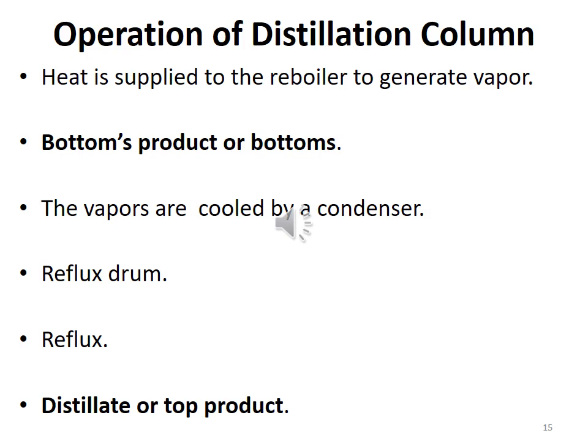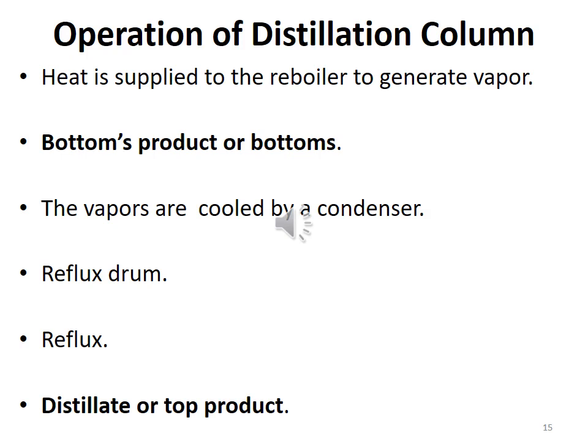Then the components with a low boiling point and higher volatility will move up the column, and it exists in the top unit of the column, where these vapors of high energy will be cooled by using a condenser.